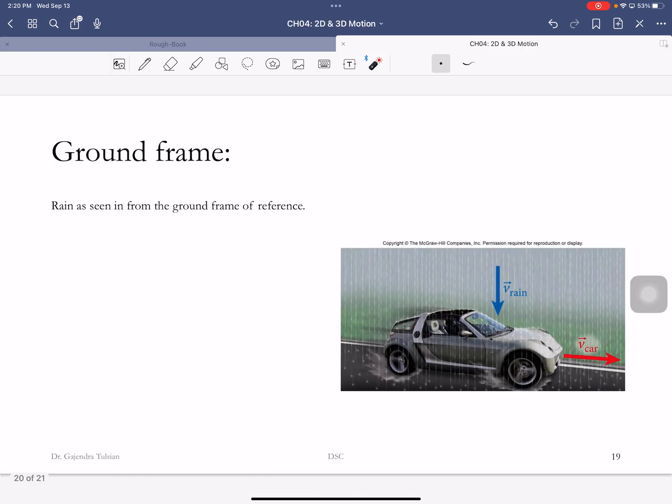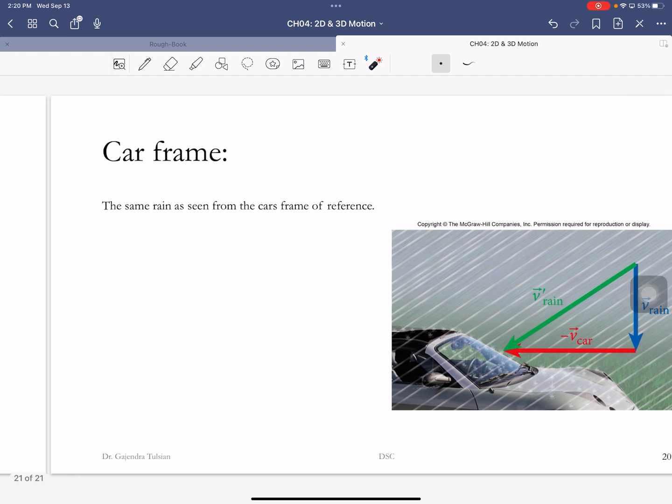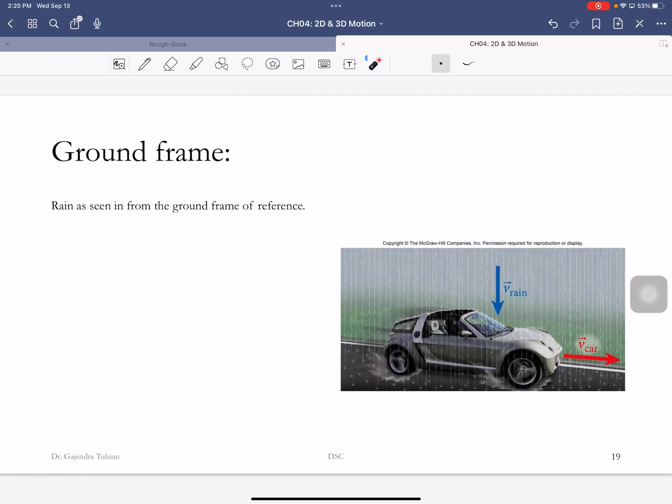All right. Here's one more thing that we'll need to see. We will need to transform velocities. So let's say you're driving on a rainy day. Okay. The rain is falling straight down with respect to the ground. The question is, what do you see?